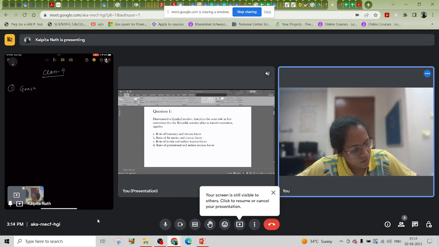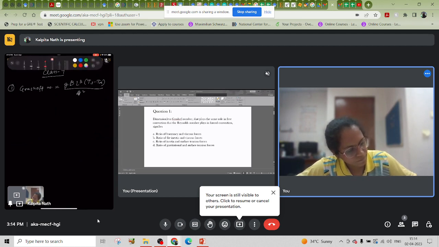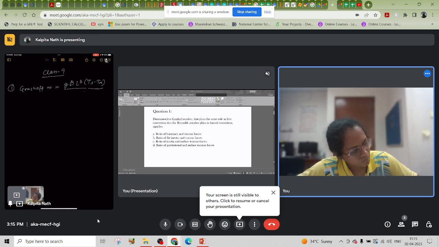Question number 1. The Grashof number is equal to g beta L cube (Ts minus T infinity) by nu square.